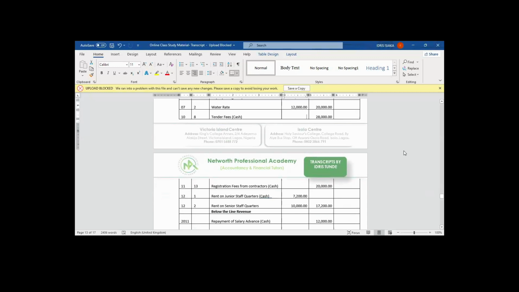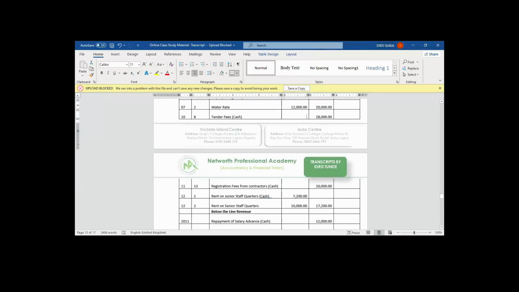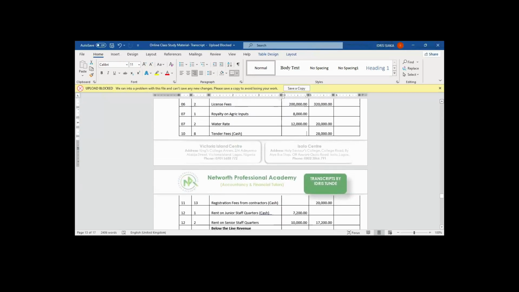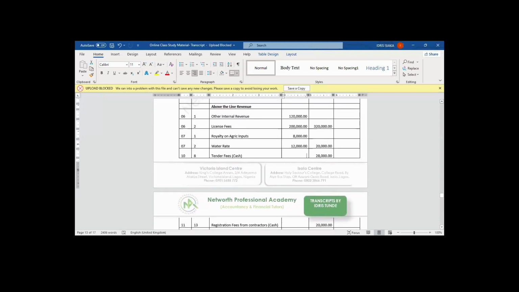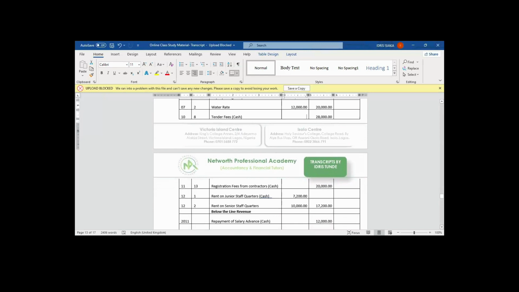Now, if you look at all these heads I'm mentioning, I'm starting from the lowest head to the highest head. The lowest head is 06, followed by 7, followed by 10, followed by 11, followed by 12. 12 is the last.